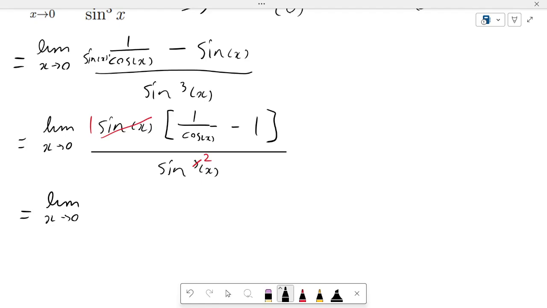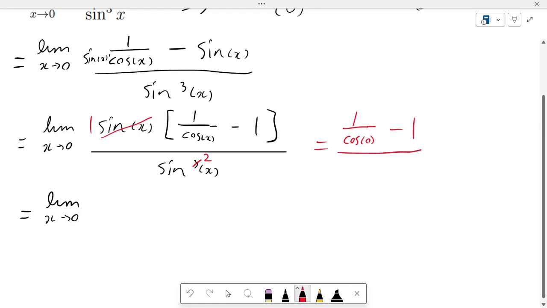So what I'm going to write down over here, if you were to try and substitute from exactly what we have here, so let's say we have 1 over cos of x, so let's say cos of 0 for now, we're substituting in for the x, minus 1, and this is all over sine square of x, so it's going to be sine square of 0, which we know is going to be 0.